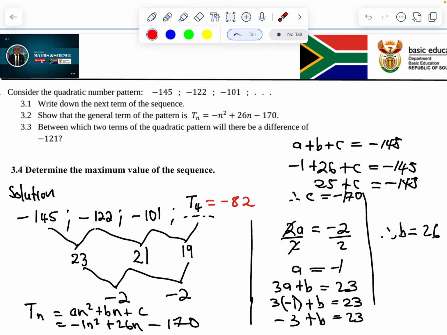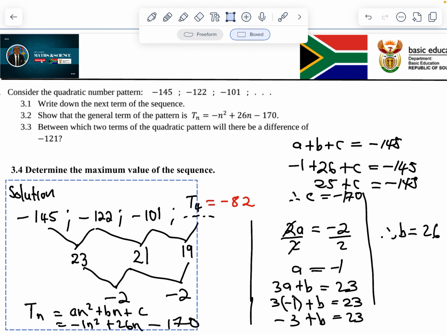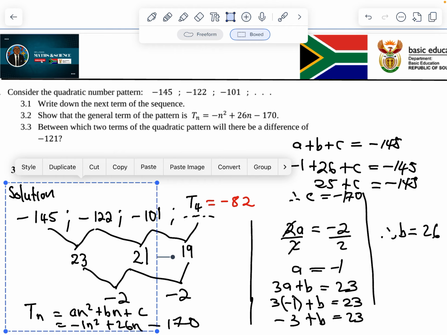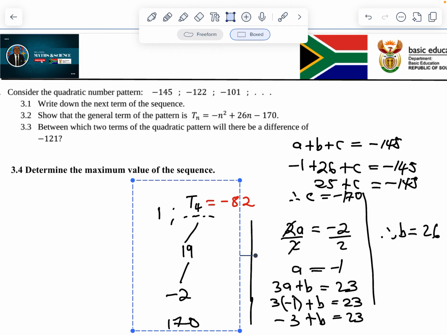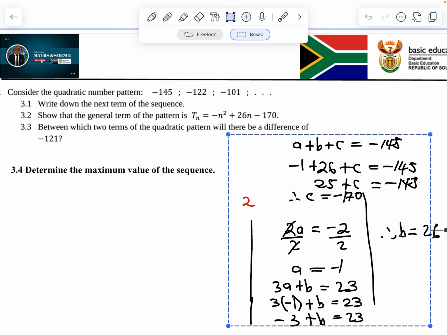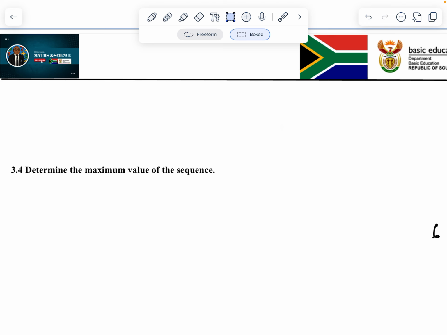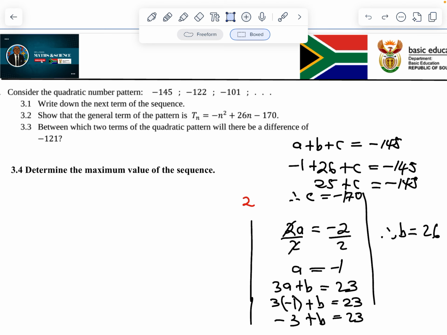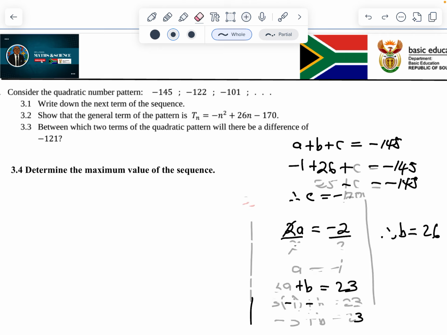Now let us go to 3.3. Let me erase here. All right.